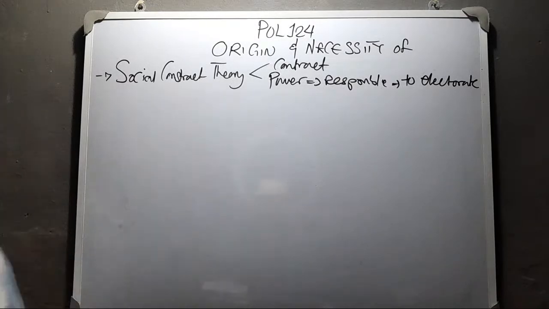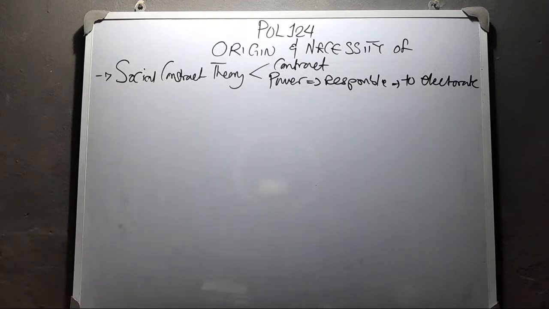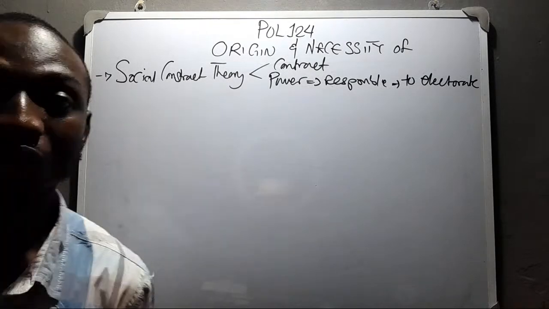This theory was developed in the 17th and 18th centuries by philosophers such as Thomas Hobbes, John Locke, and Jean Jacques Rousseau.